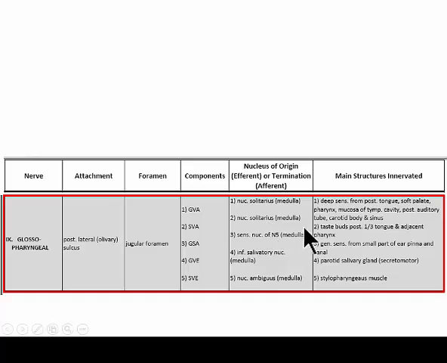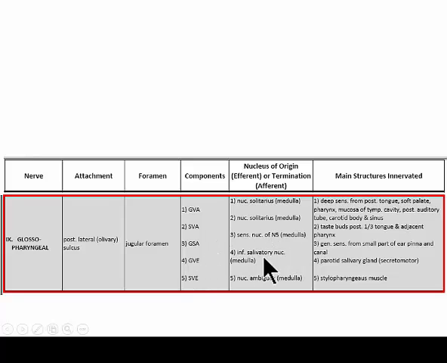They use the nucleus solitarius, the lower portion. SVA uses the upper portion for taste on the posterior third of the tongue. GSA, you can basically forget about it. It's just that little part of the ear through 5.